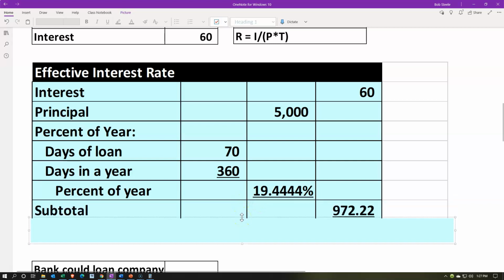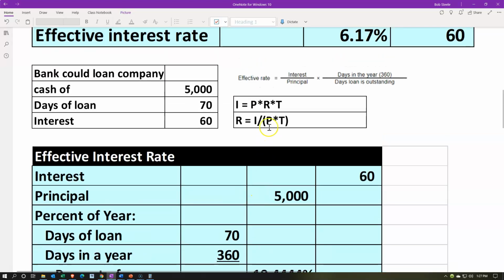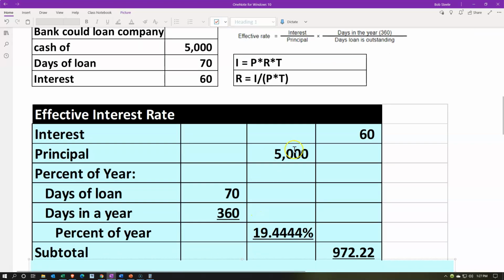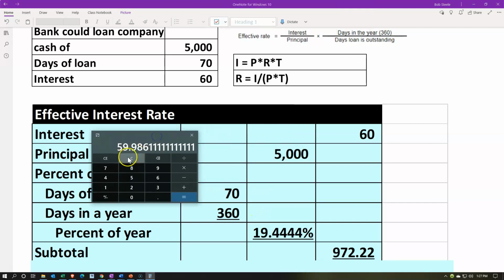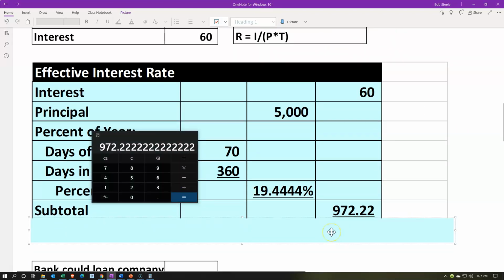And then now we can multiply these together. Principal times time, 5,000 times 19.44%. So let's do that over here in the calculator real quick. If I took the 70 over the 360 in decimal format, we get this, times the 5,000. We've got the 972.22.